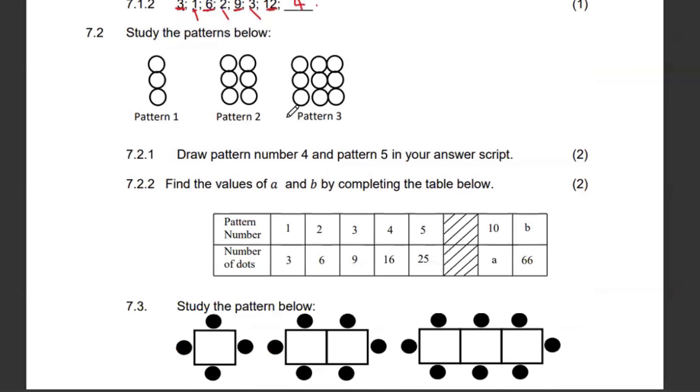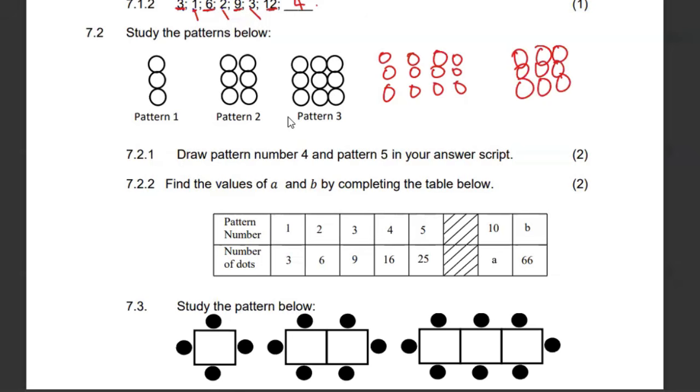Okay. They want us to draw the 4th and the 5th. So that is going to be the fourth with 4 columns. And then fifth, we're going to have 5 columns. Okay, so 3, 6, 9, 12, 15.